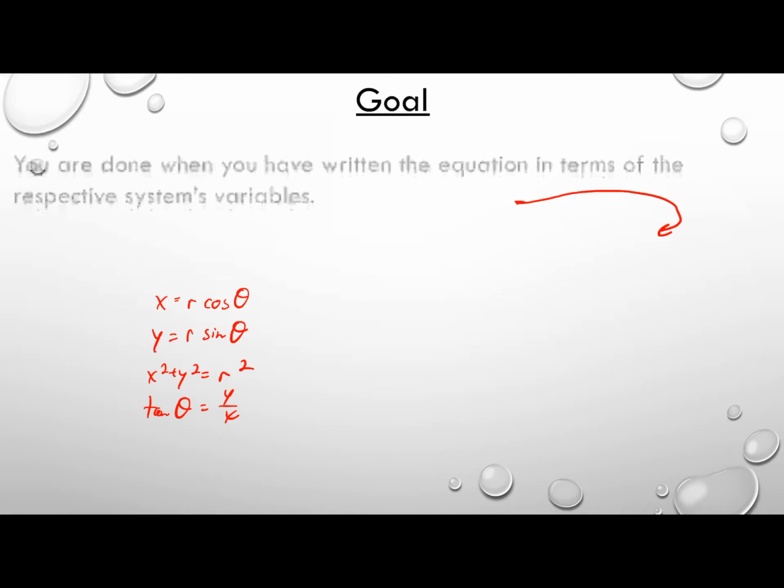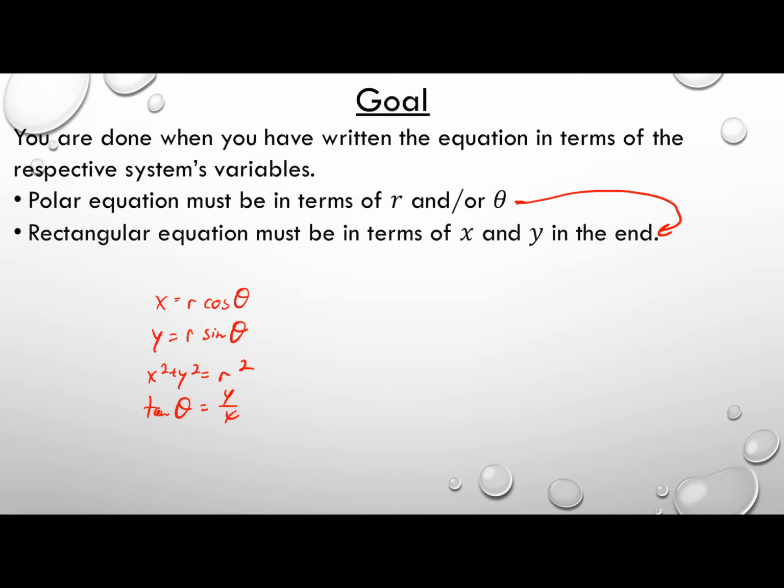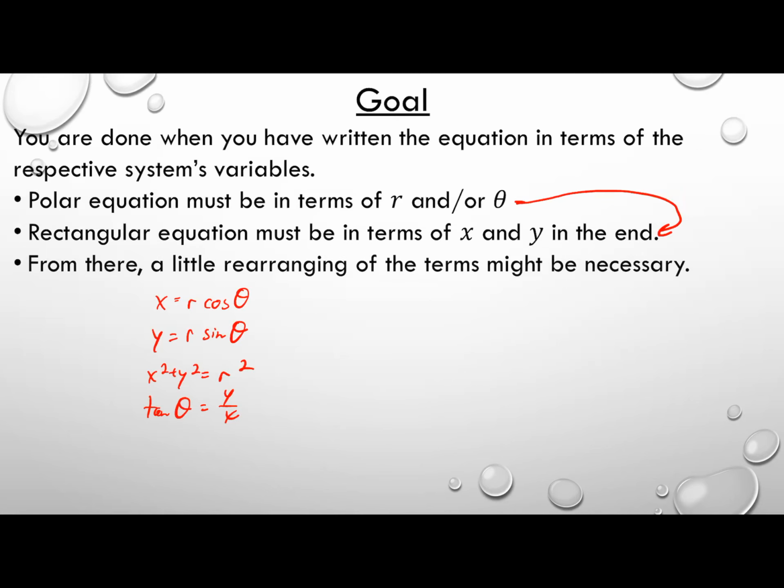To recap, recall that in the previous lesson I talked about making sure you know these four formulas, the same four formulas we use when converting points. When converting equations, these are the formulas we substitute into the equation so that we can rewrite it in terms of the other variables.